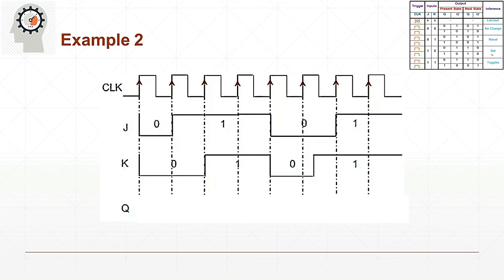For our next example, let's answer the timing diagram for a positive edge triggered JK flip-flop.